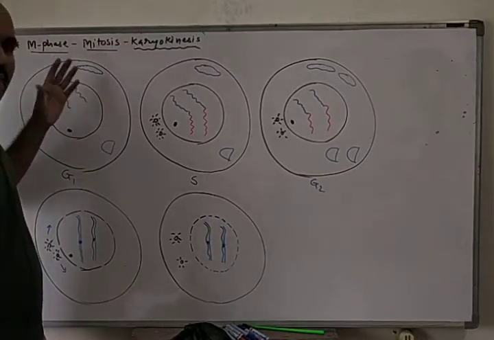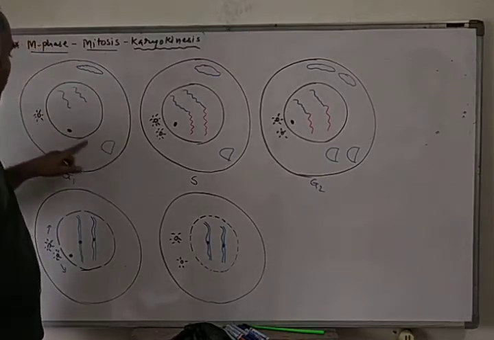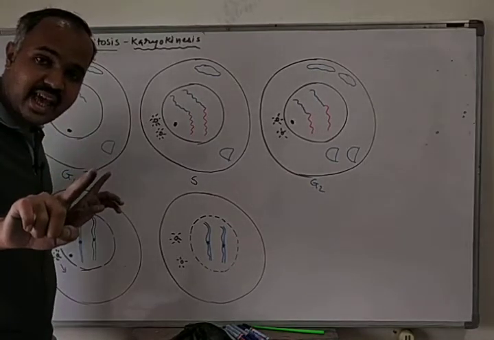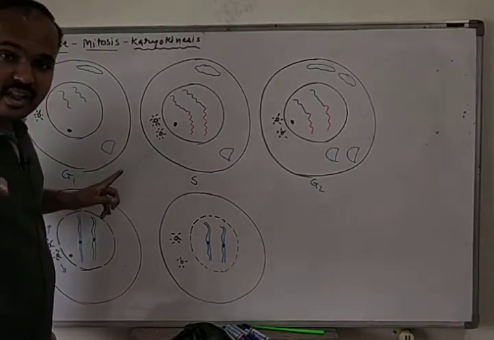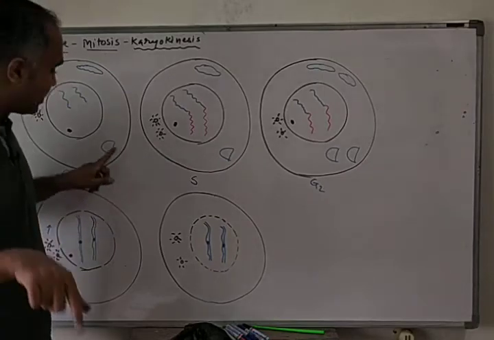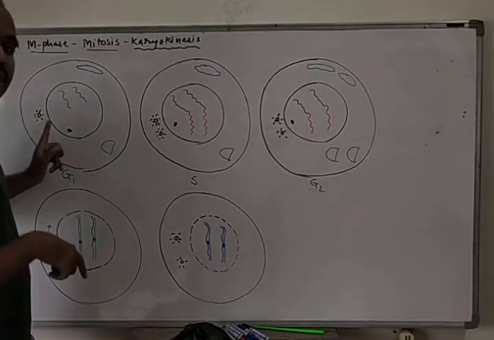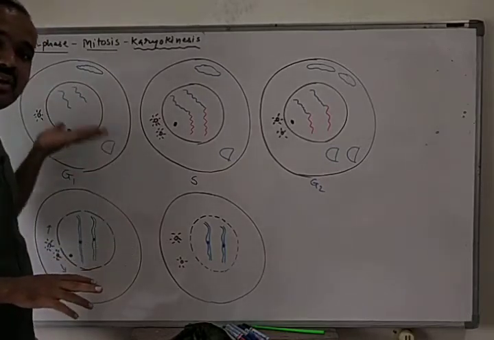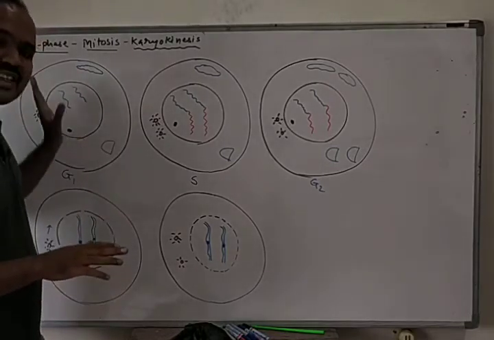See, I am drawing mitochondria, chloroplast and centriole also. In animal cells, centrioles are there, but chloroplasts are not. In plant cells, chloroplasts are there, but centrioles are not. So don't get confused about whether this is a plant cell or animal cell. This is a cell only.